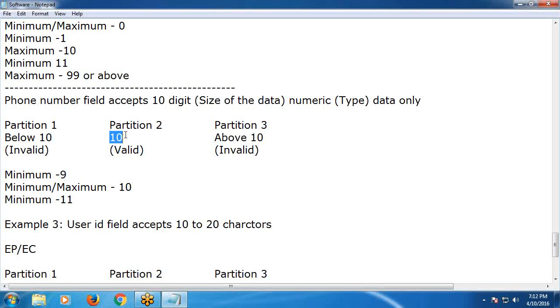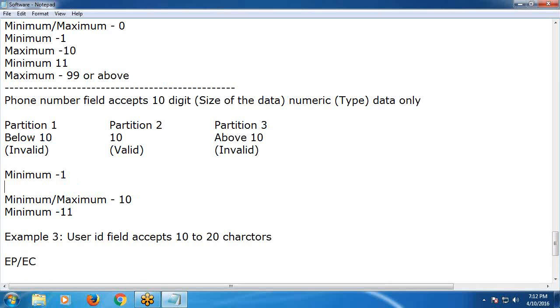Valid is 10 digits. Next, below 10 means 9 is below 10, 8 is below 10, 1 is below 10. I am taking this edge, but you can take 1 also. 1 is the minimum, maximum 9.